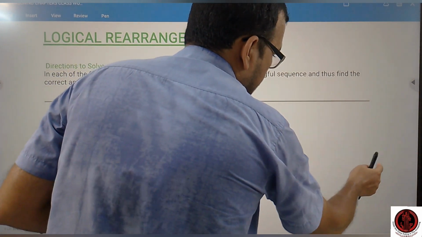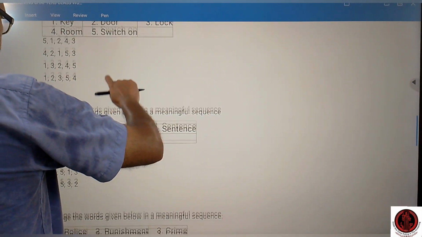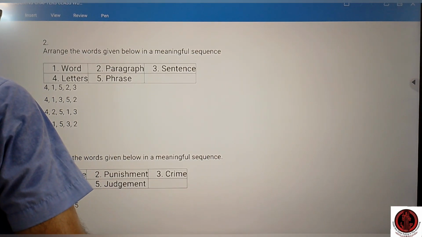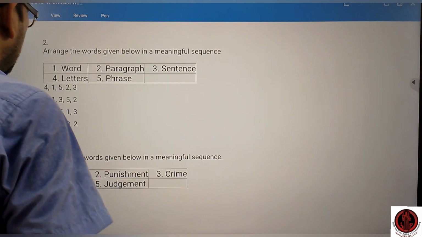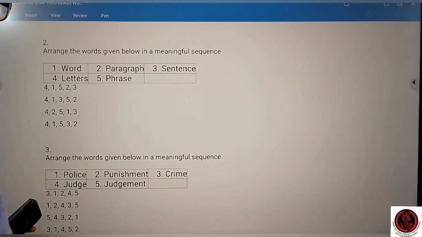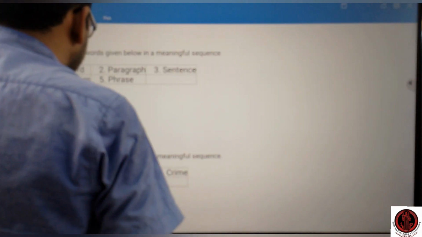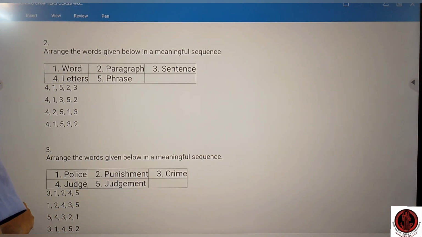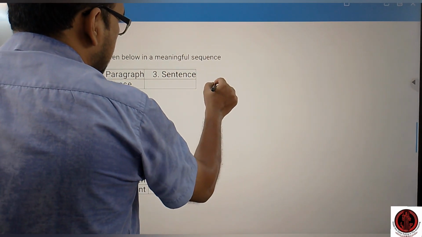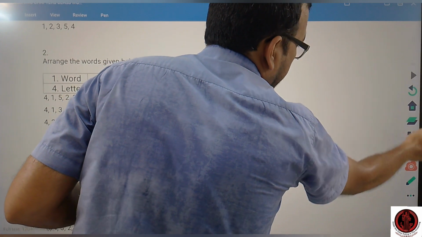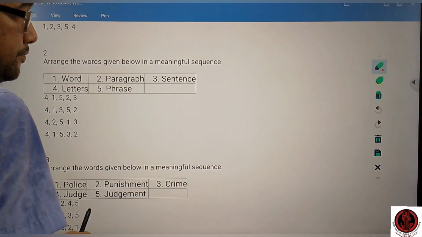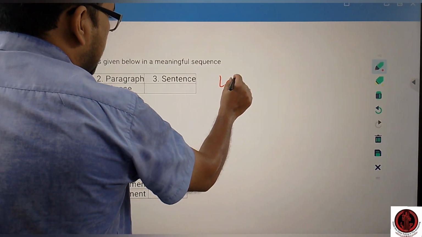Okay, next, question number 2. The words are word, paragraph, sentence, letters, phrase. So same, you have to identify the meaningful sequence. First is letters.